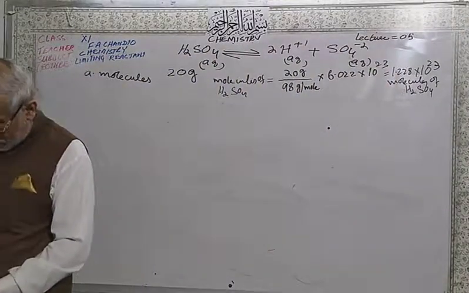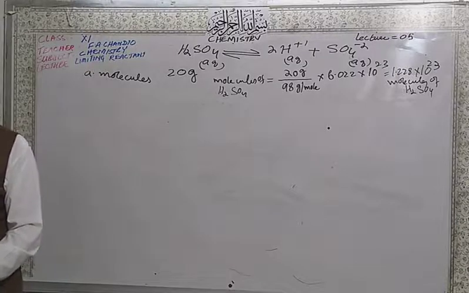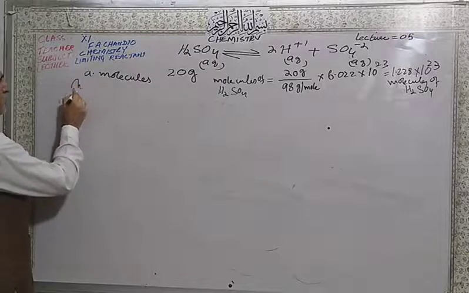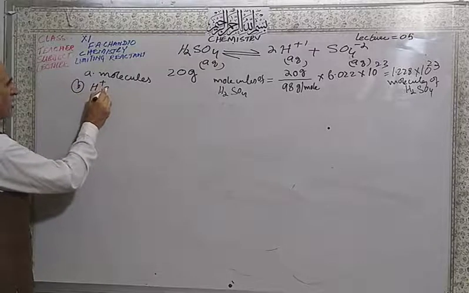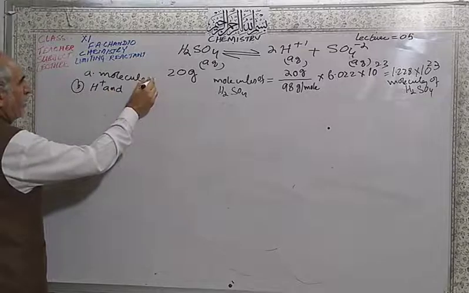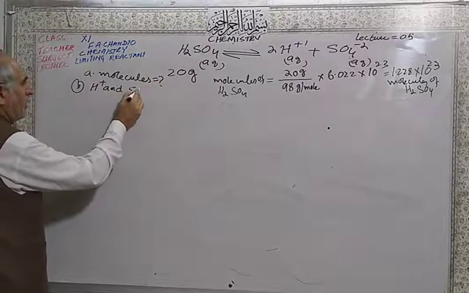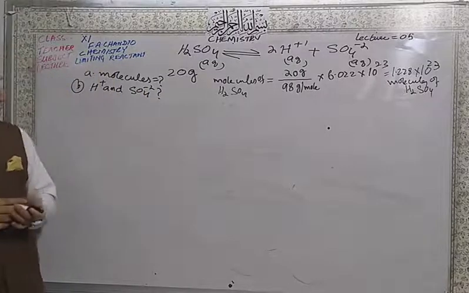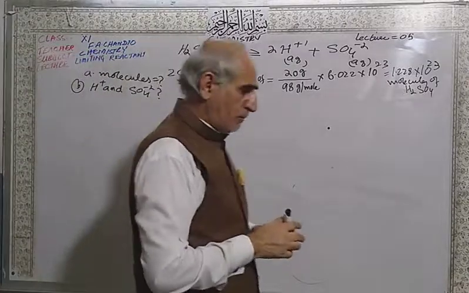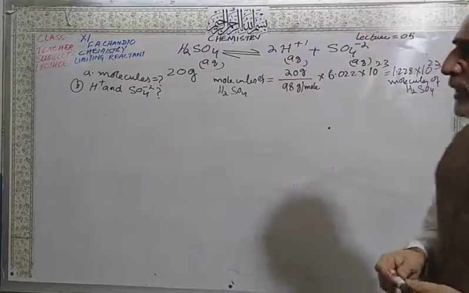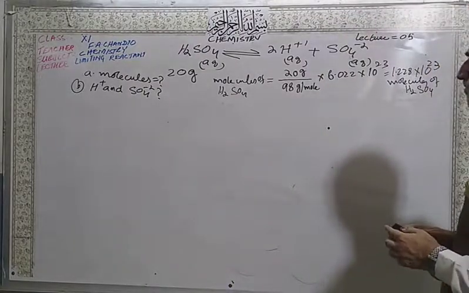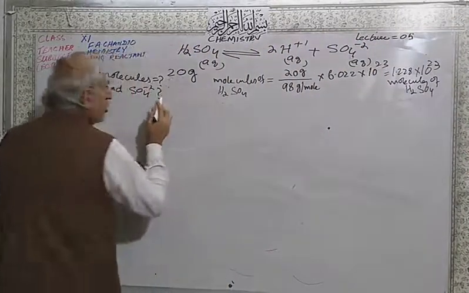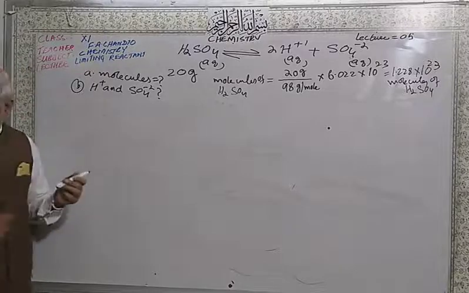Now part B is the number of hydrogen ions and sulfate ions. So, dear students, you have to use the conversion factor. First calculate the moles of sulfuric acid.